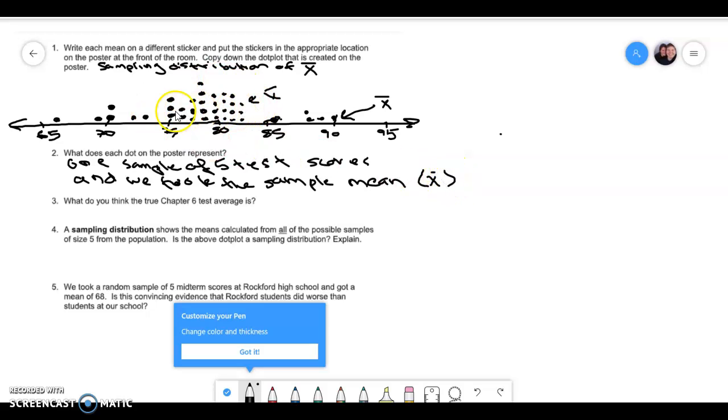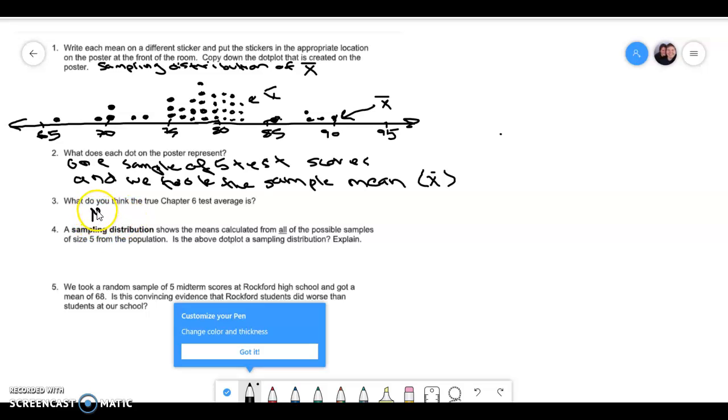So each one of these dots is a different time that I picked 5 test scores and then found their average. So the true test average out of this random data bank that I used is actually 80.